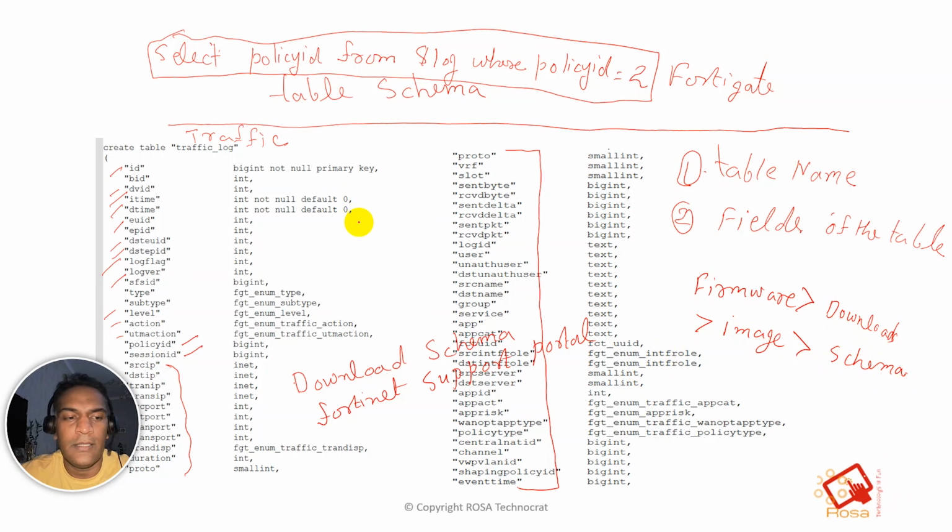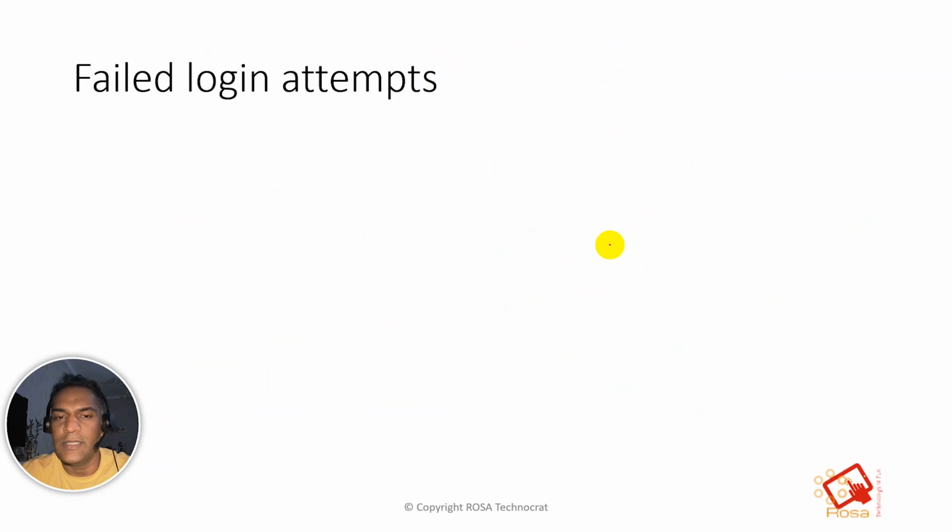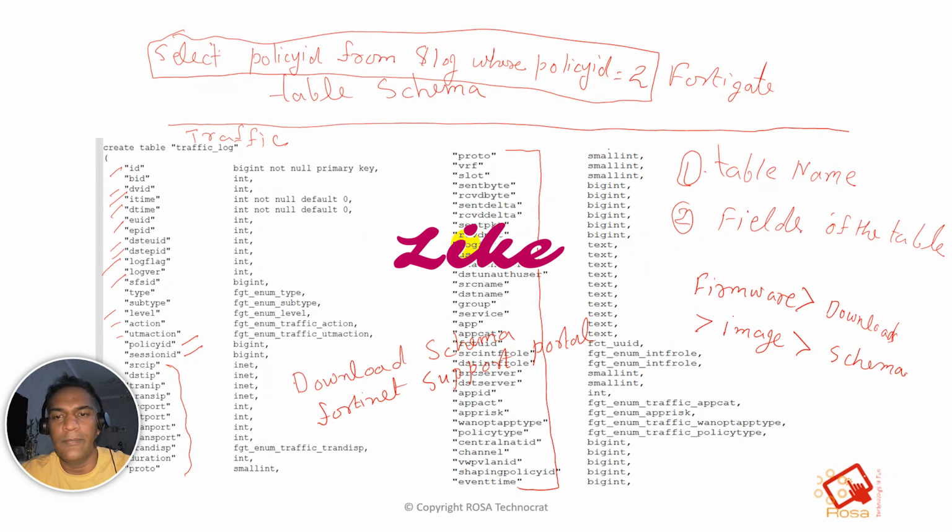So you can get the FortiAnalyzer table schema downloaded from the support portal website for any device. This schema may differ depending on the firmware version, as new fields can be added or removed in different firmwares. So you have to get the table schema for your device. Once you understand this, it's very easy to write the SQL queries for your requirement.